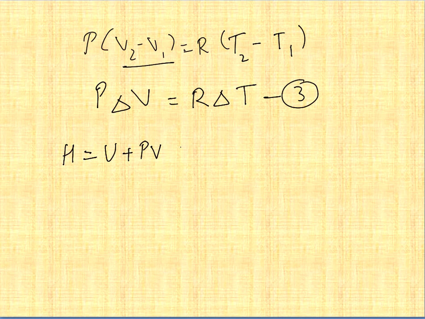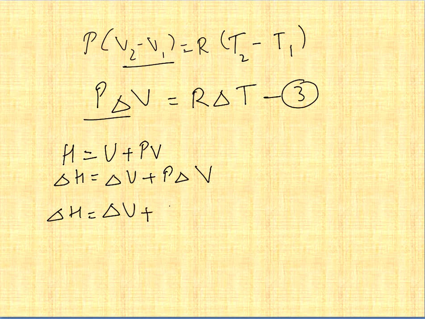Take the change here: delta H is equal to delta U plus P delta V. Now put this P delta V from equation 3 in this, and the equation will be delta H is equal to delta U plus R delta T.